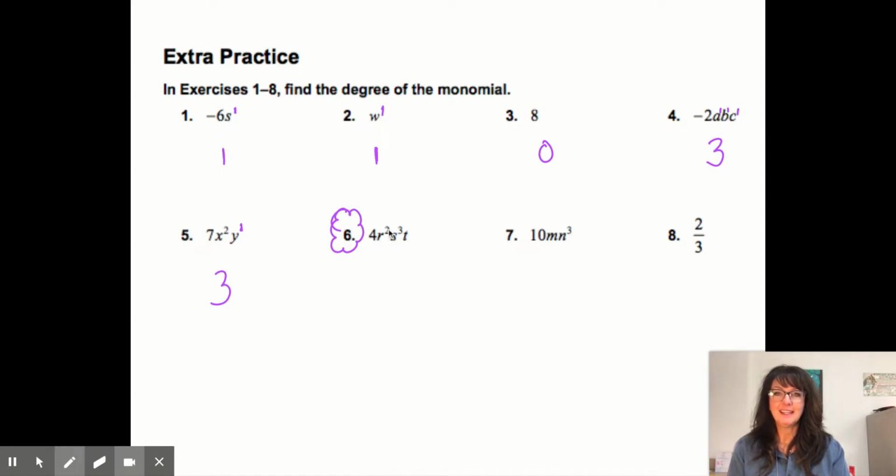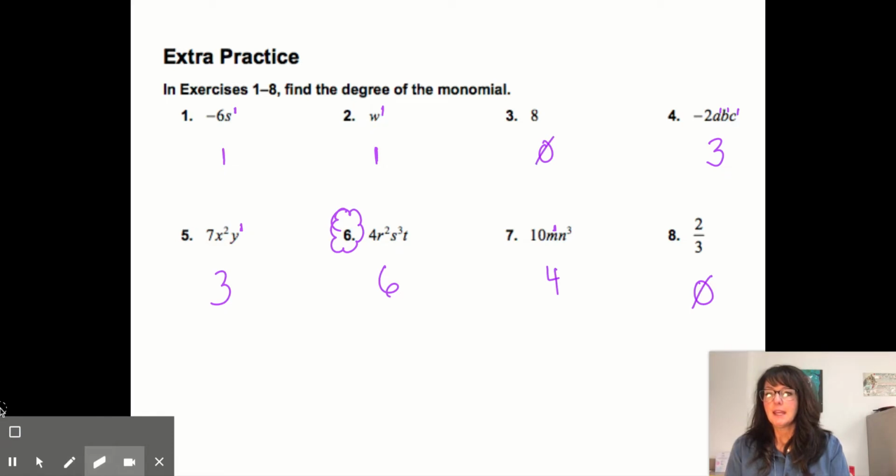Hopefully you said that it is 2 plus 3 plus 1, or 6. For number 7, 1 plus 3 is 4, and number 8, 0. I like to cross my zeros even though I didn't cross that one. Okay, here we go. Moving right along.